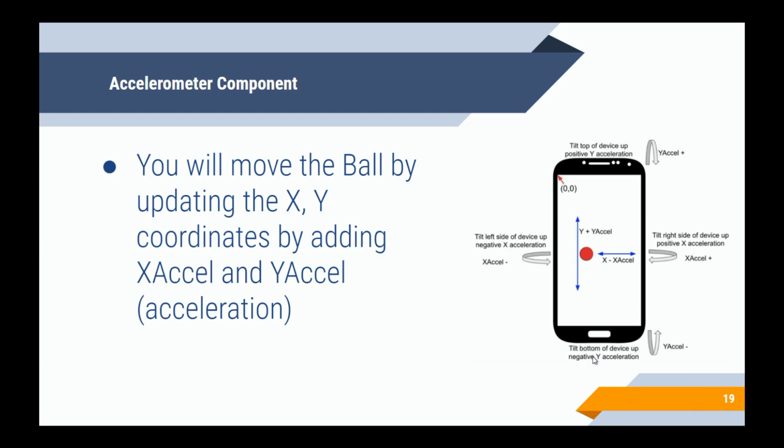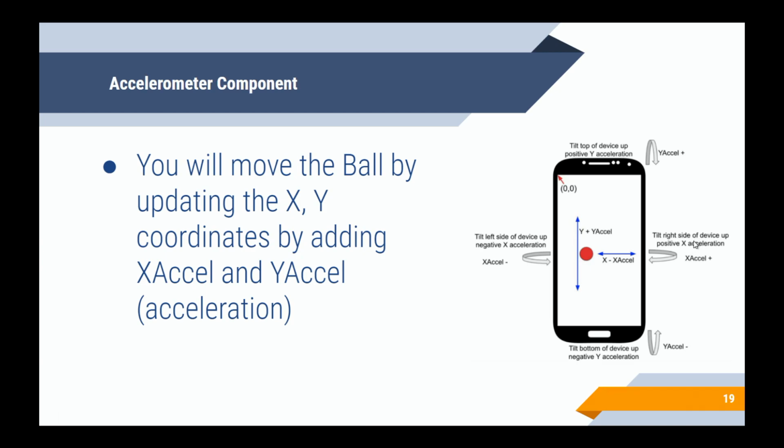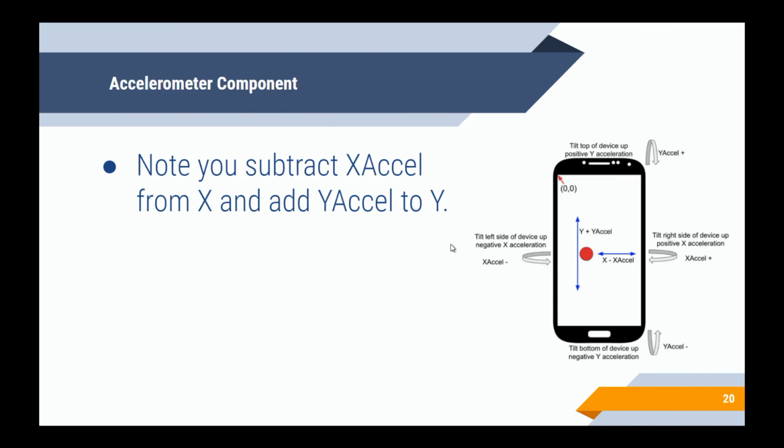If you tilt the bottom of the device up, you're going to have a negative Y acceleration. And if you tilt the device to the right, you're going to have a positive X acceleration. You might have to study this a little bit to get the hang of it. And note, you subtract the XAccel from X and add YAccel to Y.